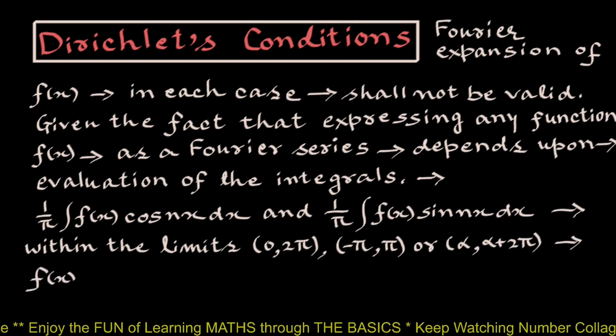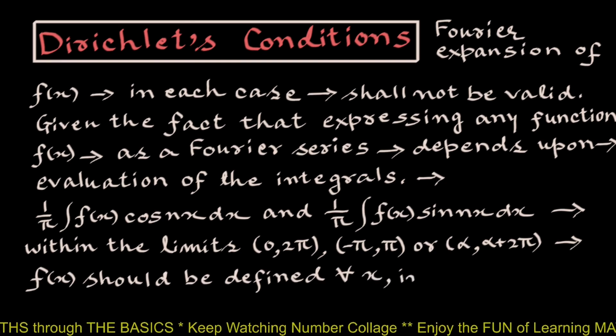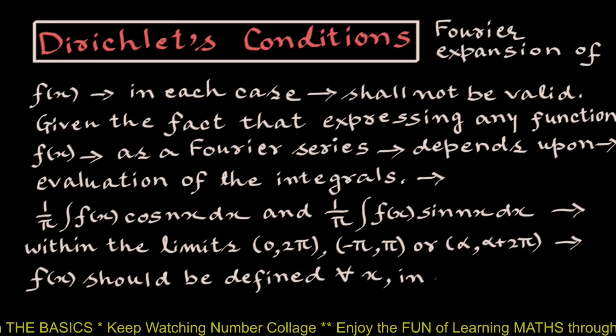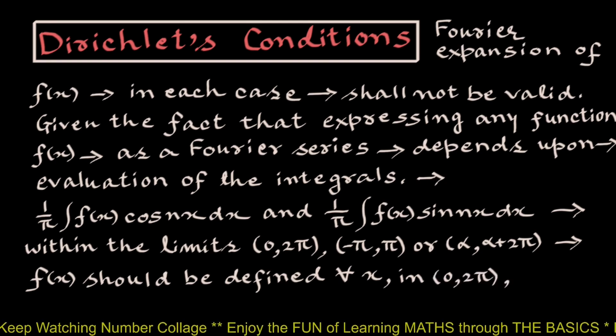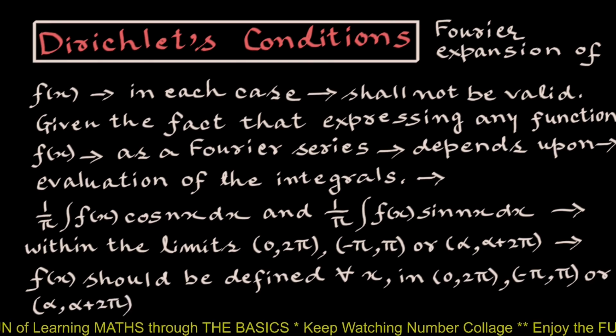Accordingly, f(x) should be defined for every value of x in the same interval, that is, in the intervals 0 to 2 pi, minus pi to pi or alpha to alpha plus 2 pi.